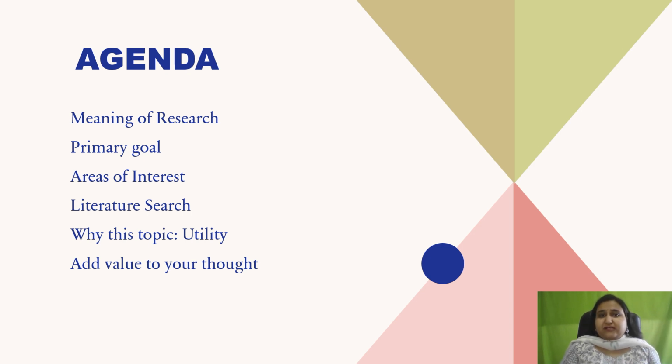Area of interest means the field in which you are going to implement your statistical tools. That means it can be healthcare, social science, management sciences, or any other field. So you have to choose your area of interest very wisely.